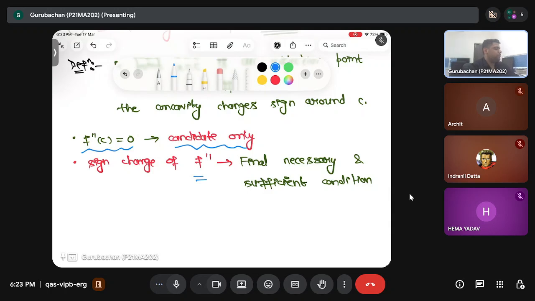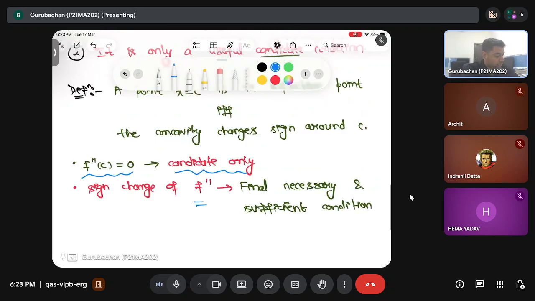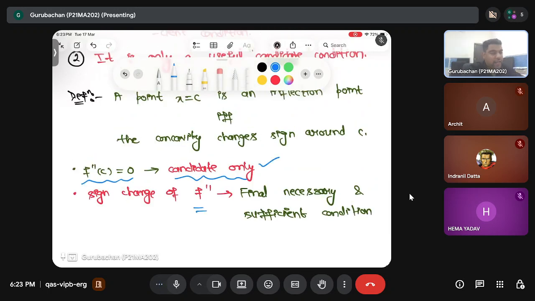Next is why it is not necessary or not sufficient. We need to give some counterexamples for that.